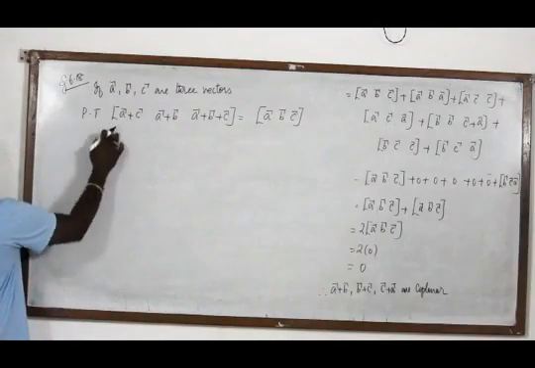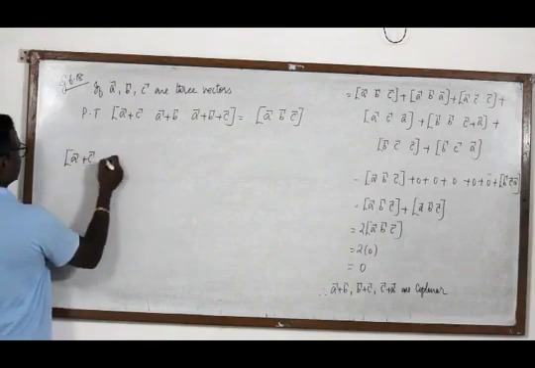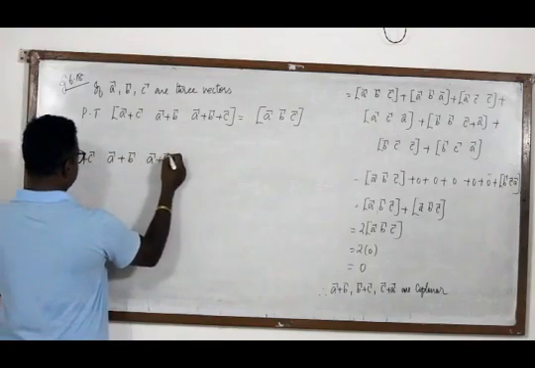So let me take this box product: A plus C, A plus B, A plus B plus C.